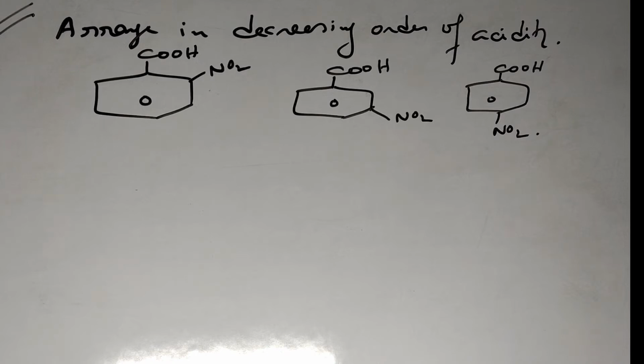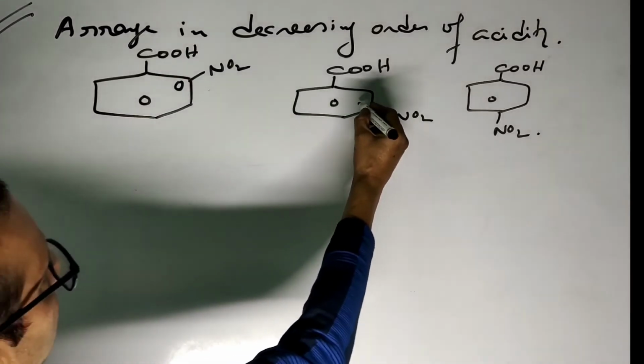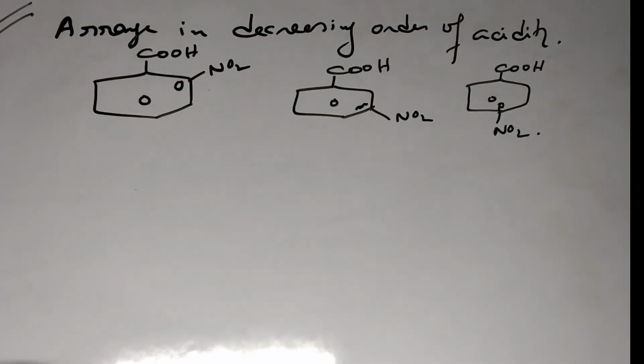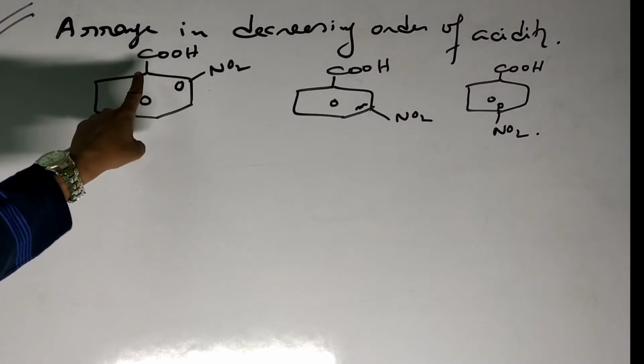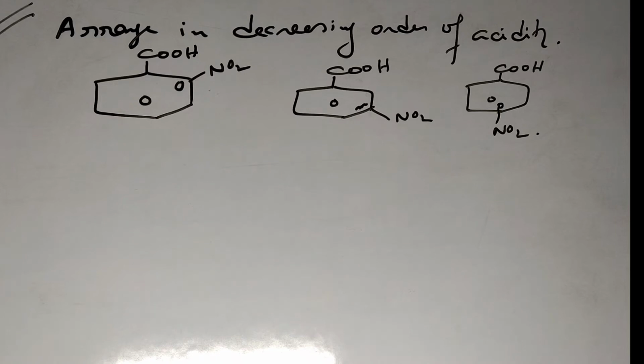So interesting here, all the substituents are the same, but their positions are different. It is in ortho position, it is in meta position, it is in para position. Ortho nitrobenzoic acid, meta nitrobenzoic acid, para nitrobenzoic acid, okay?